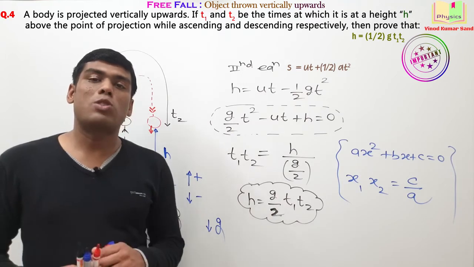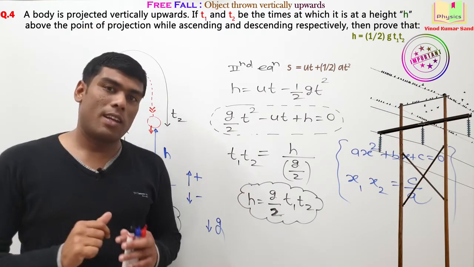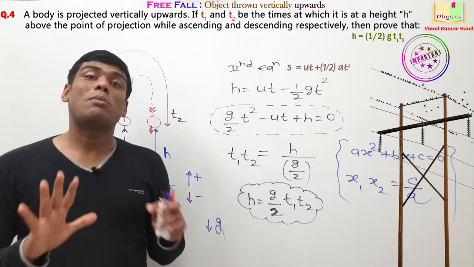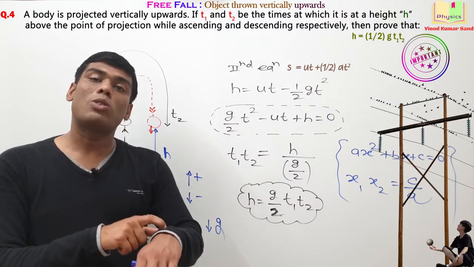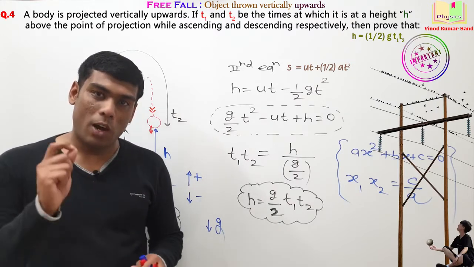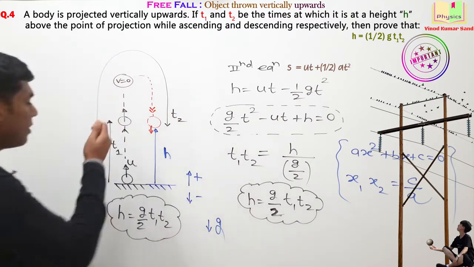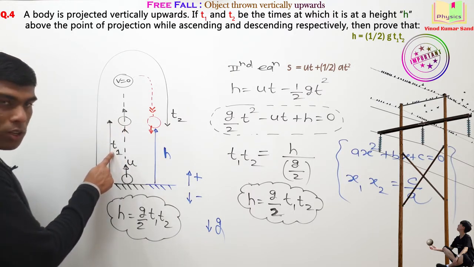I'll tell you the usability of this expression. Suppose there is a power line and you want to determine the height of that power line. It can be done simply by throwing a stone and noting down the time using the watch. How? Suppose you throw the stone up and then it crosses the power line at time t1.